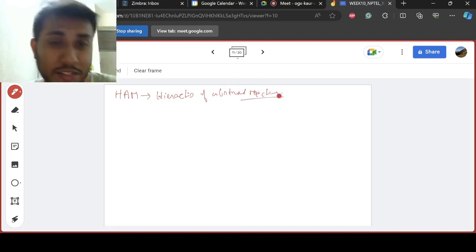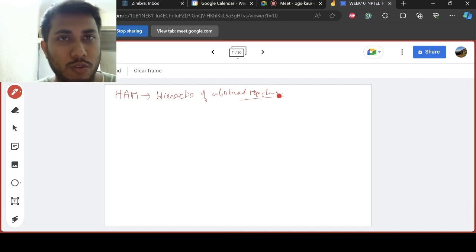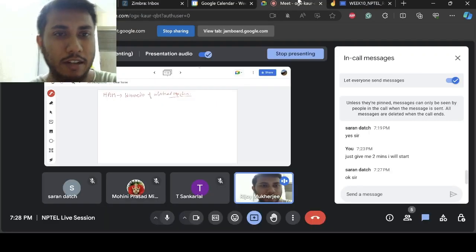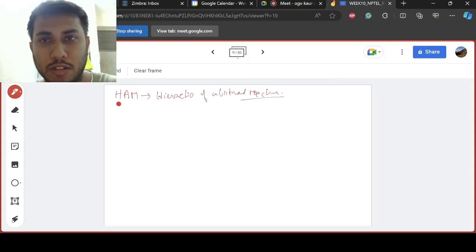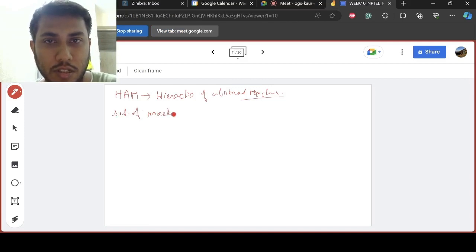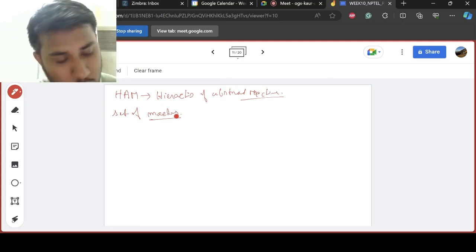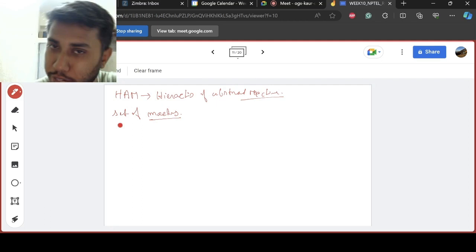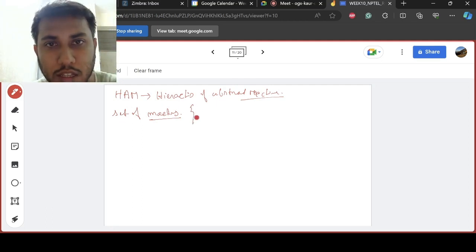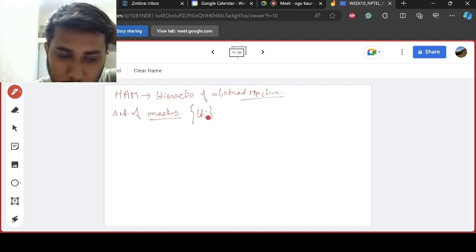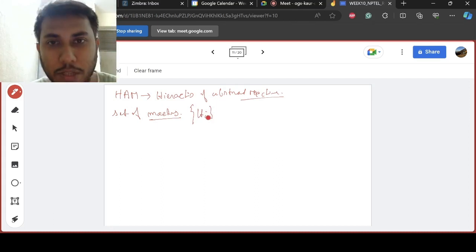So as the name suggests, there is a hierarchy of machines. What we have in this case is a set of machines, and each machine is basically a state machine.